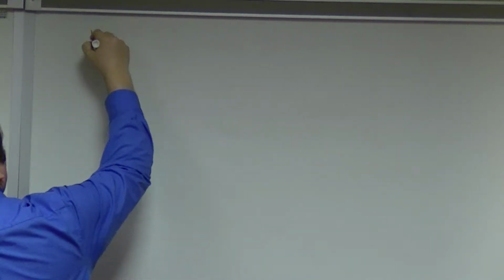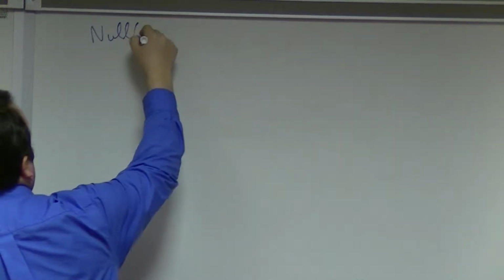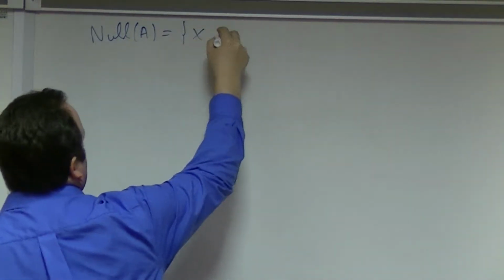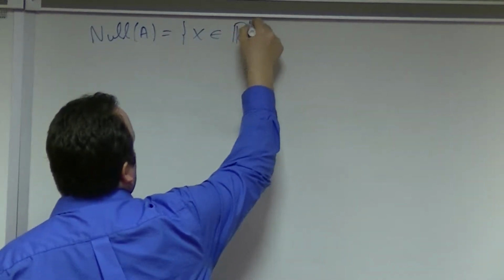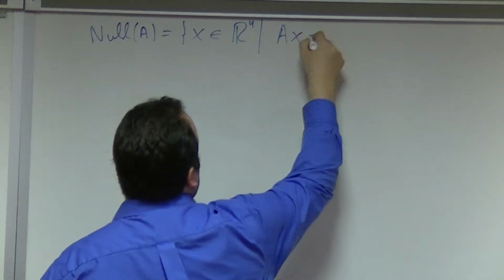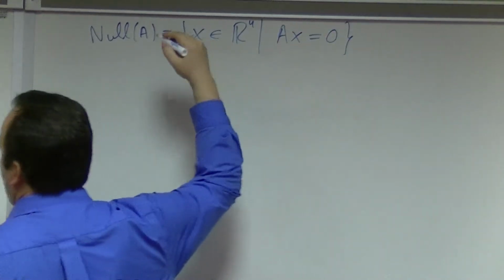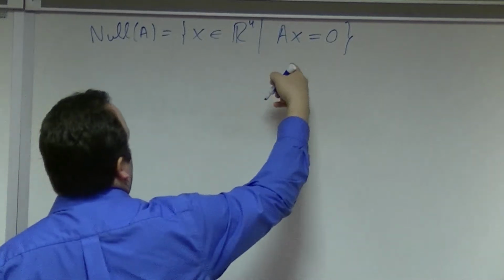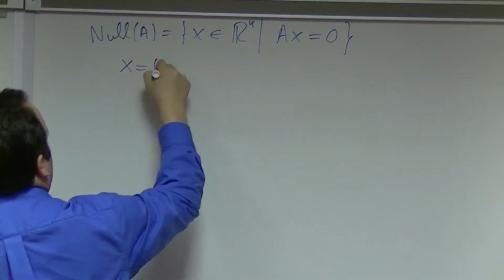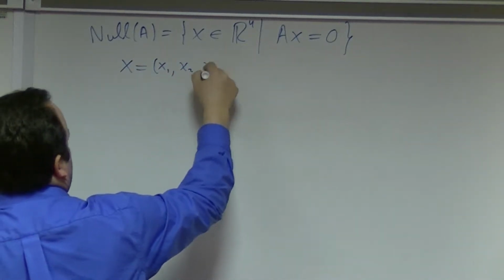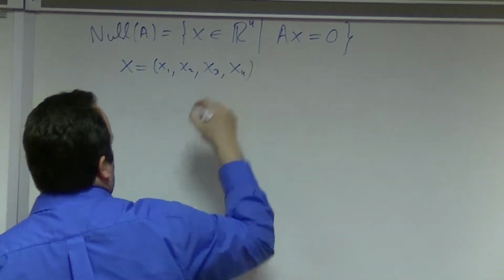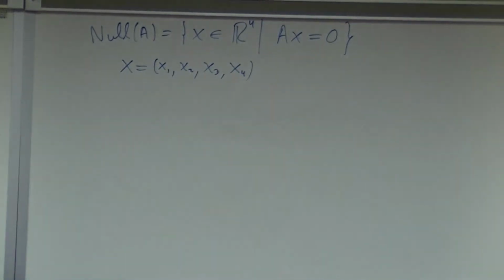Okay, so the null space of A is what? It's x in, in our case, R4 such that Ax equals 0. Let x equal x1, x2, x3, x4, because that's what we usually do.